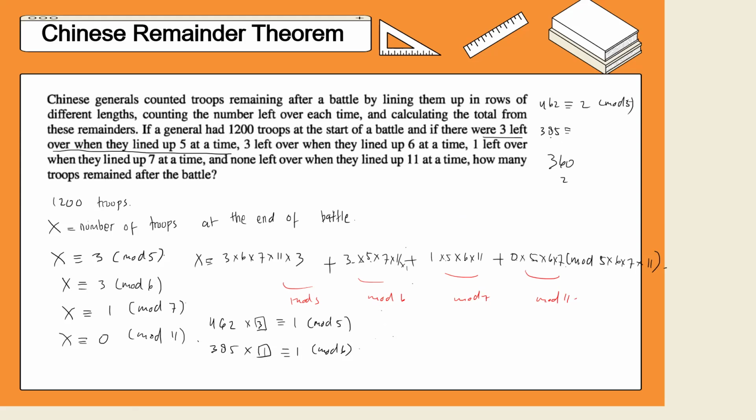Next one: 5, 6, 11, that is 330. Let's find the inverse of 330 modulo 7.